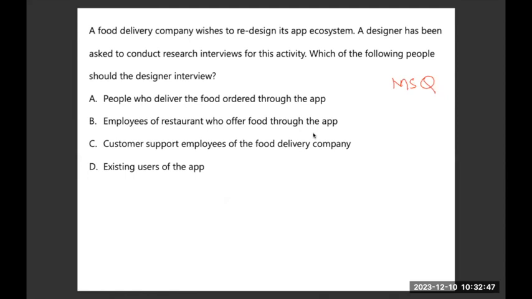People who deliver the food ordered through the app, employees of the restaurant who offer food through the app, customer support employees of the food delivery company, and existing users of the app. It's MSQ, which means one or more answers are correct. Please write your answer in the chat.